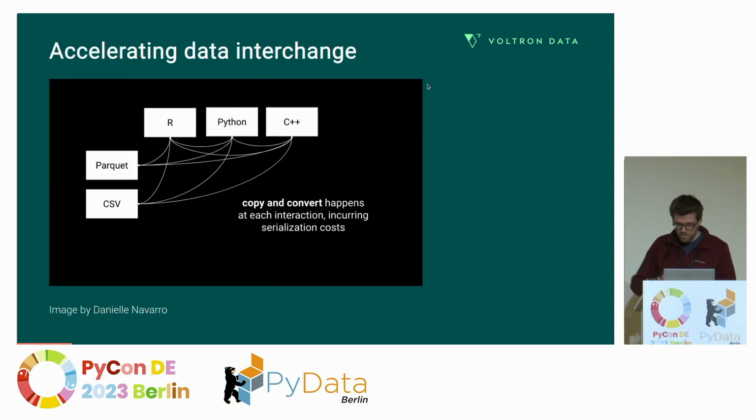At least in the past, you had various dataframe libraries in R, in Python, databases, Spark, all having their own custom in-memory formats. And so if you want to move data around from one system to another, you constantly have to copy and convert, with serialization and deserialization costs.